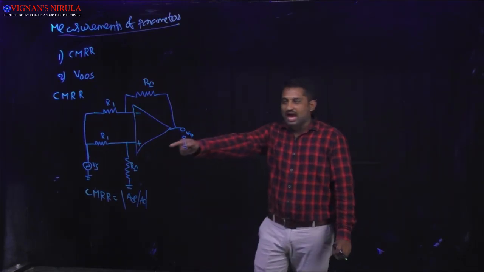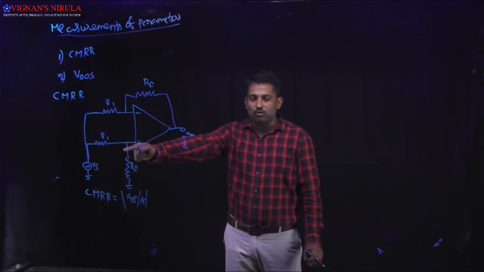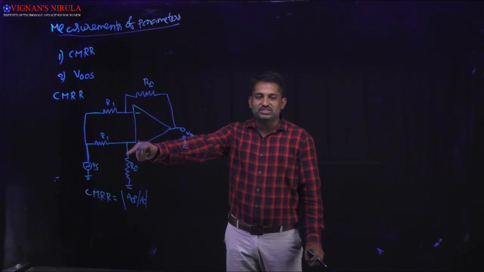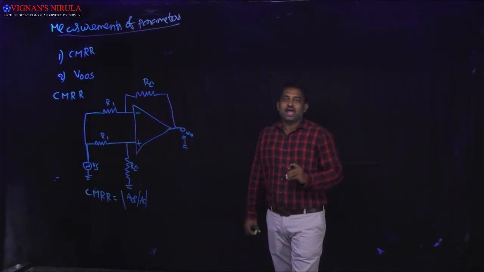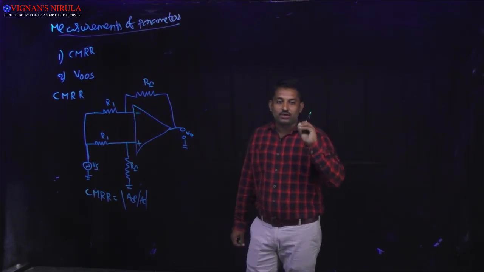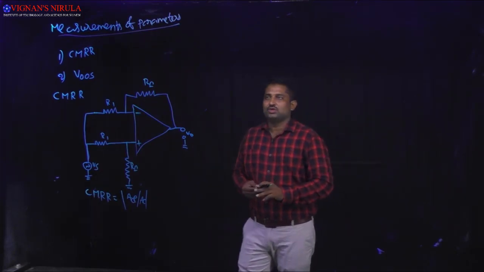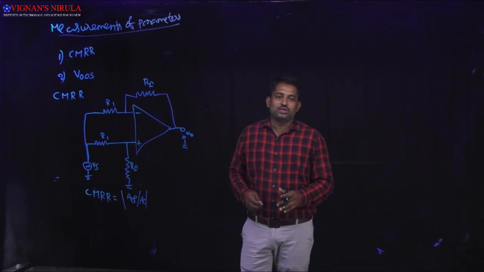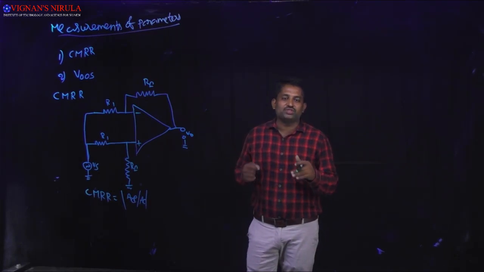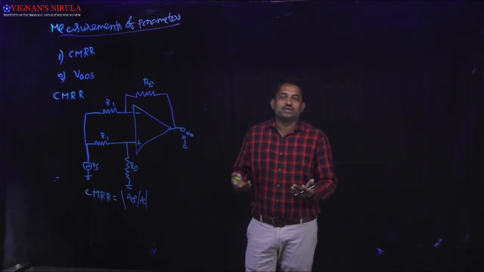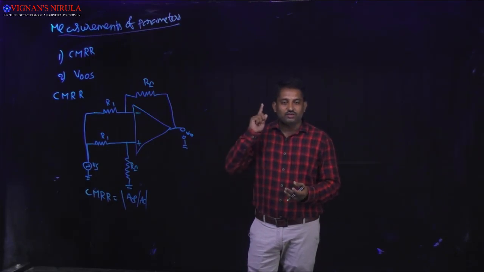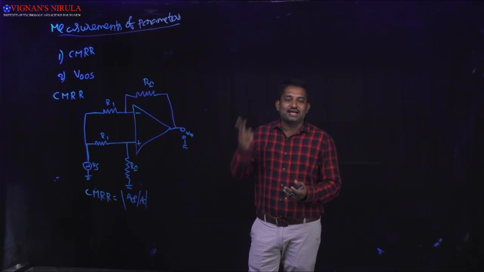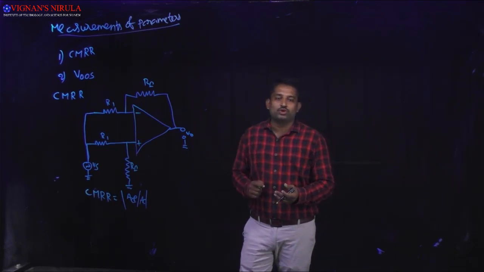In this case I am applying a common voltage Vs which is applied to both the input terminals of an op-amp. That's why I am calling it a common voltage Vs. We all know that the output voltage of the differential amplifier depends upon two factors: the differential voltage gain and the common mode voltage gain.